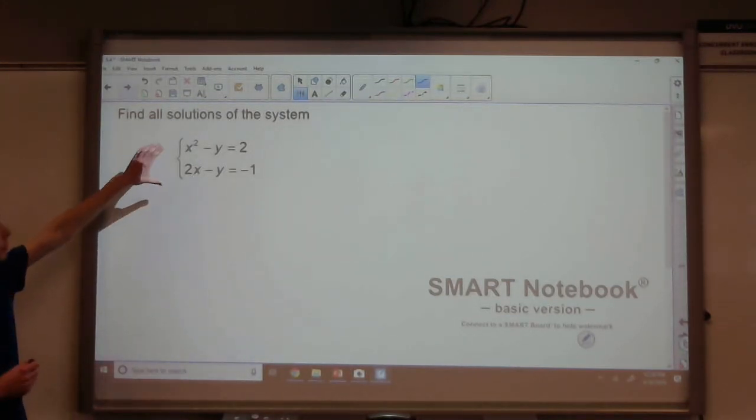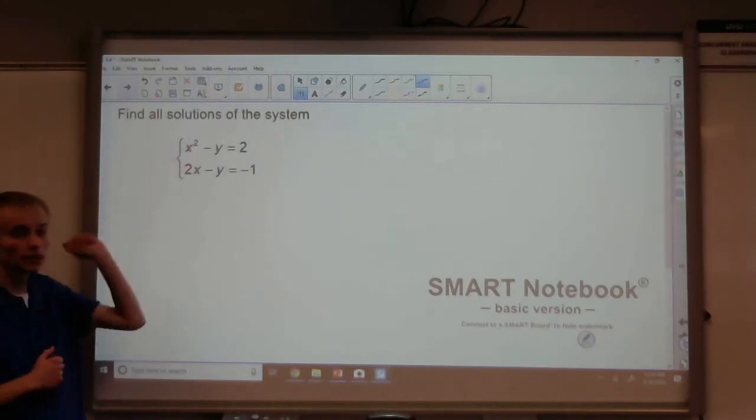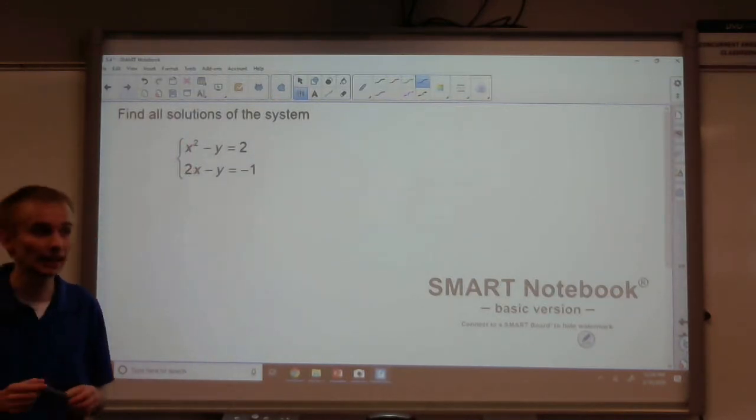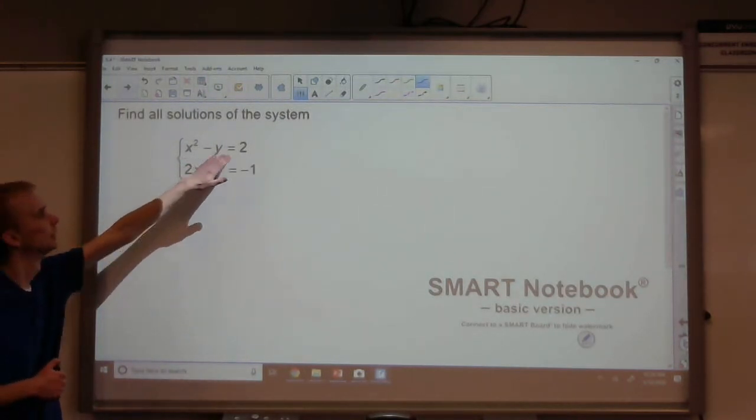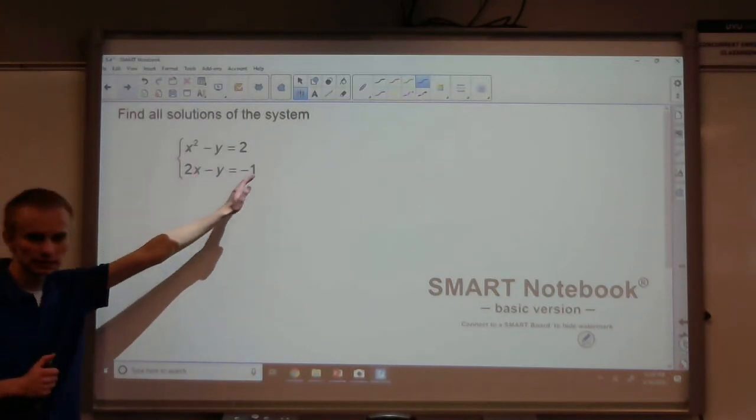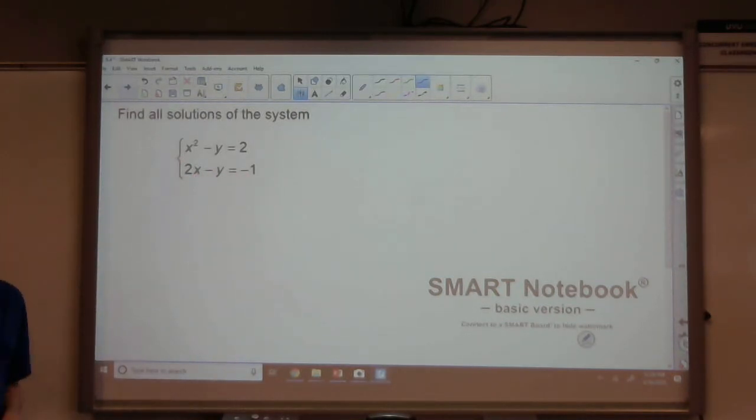I've got a system of equations. It's nonlinear because there's a square on the x, right? So in order to find where these two intersect, this is going to be a parabola, this is going to be a line. We want to try and either use substitution or elimination, okay?